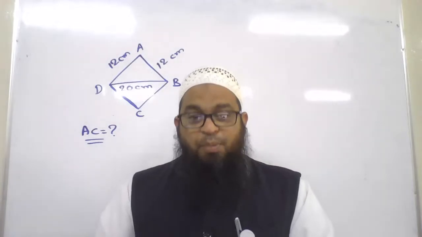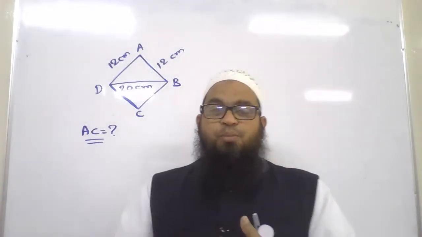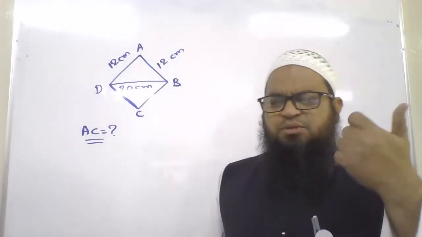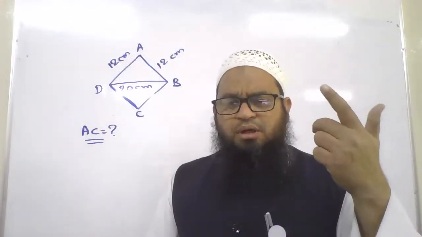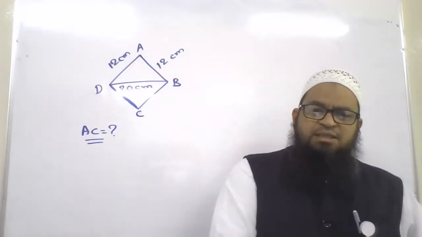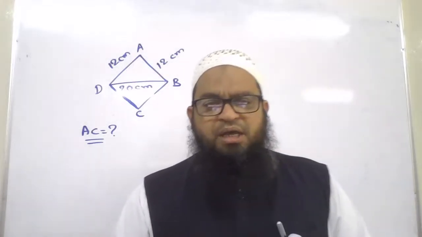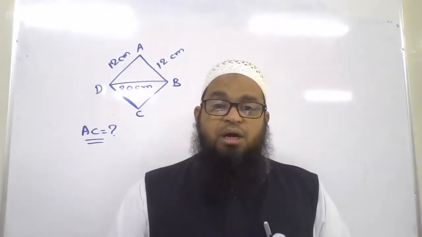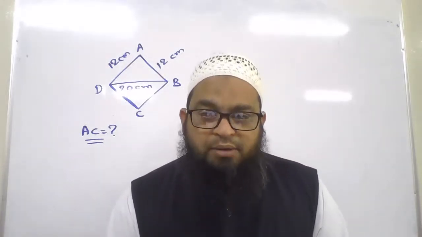But what is the property related to diagonals in a rhombus, parallelogram, rectangle, square? Can anybody tell me what property is related to the diagonals of a parallelogram, rhombus, rectangle and square?